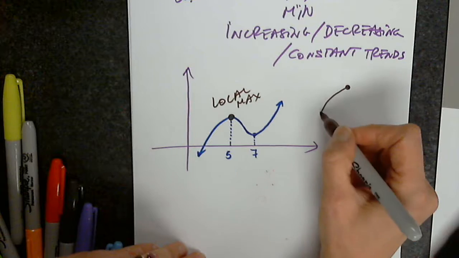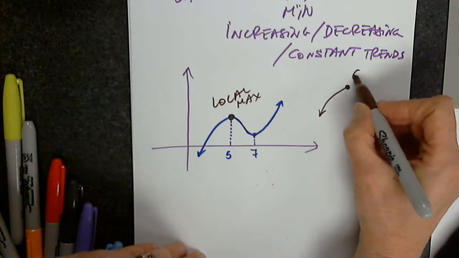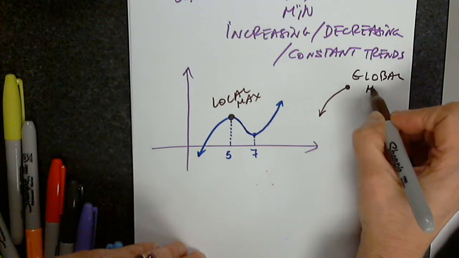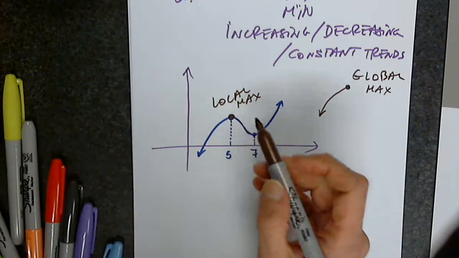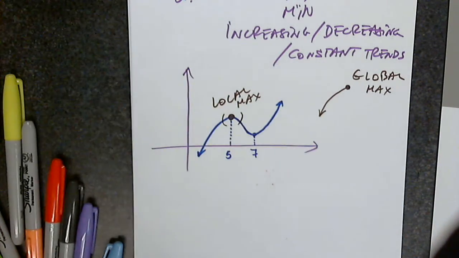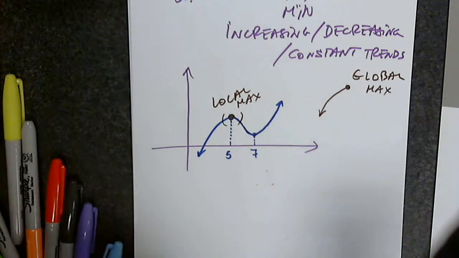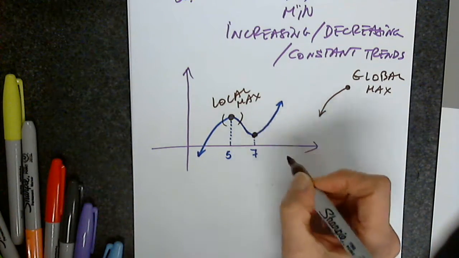But for this function, this becomes a global max. If that's the entire function, that point is a global max. This is a local because I can show the open interval around it where all function values are smaller than that one. What do you think this is?